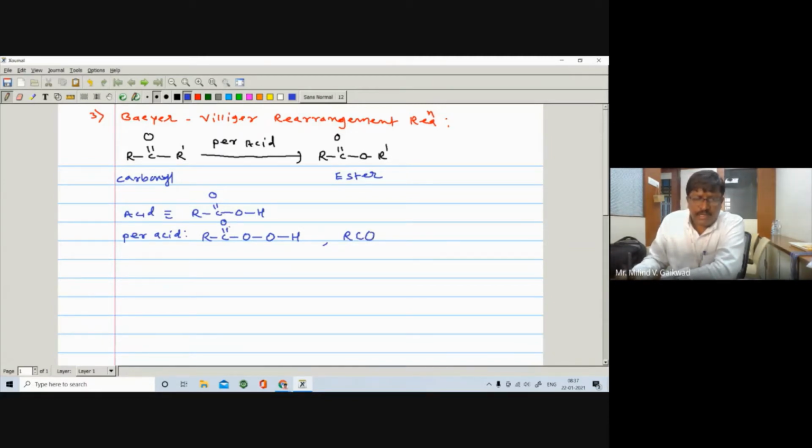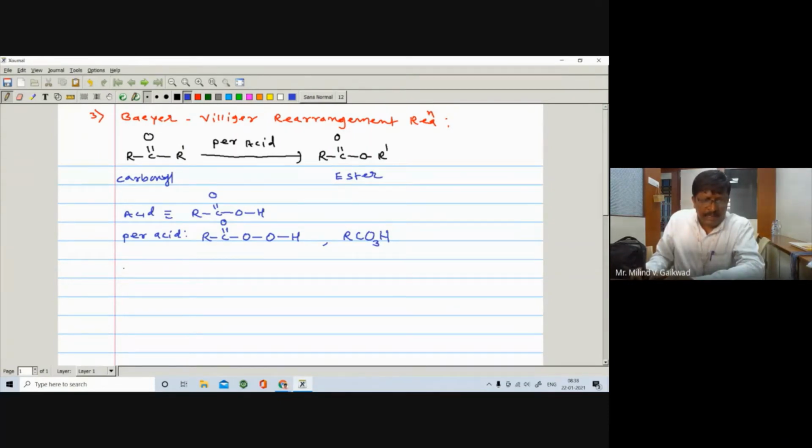Here how many oxygens are there? There are 3 oxygens, 1 2 3. So CO3H, right? It is called a per acid. Okay, so here you have to see the examples of this per acid. Depending upon the acid, you have to write its name.